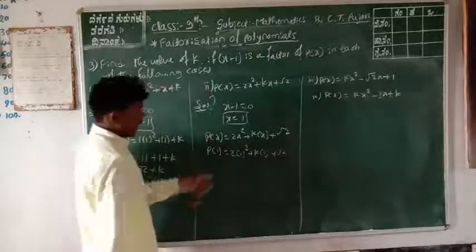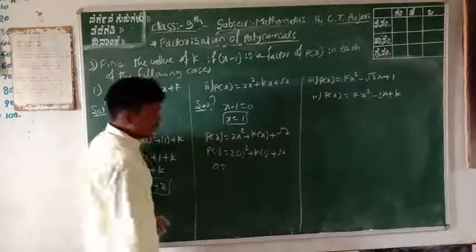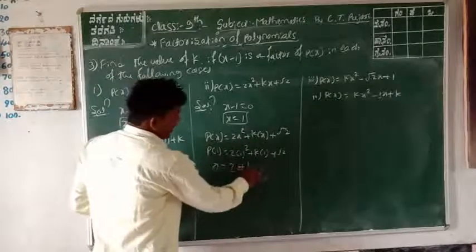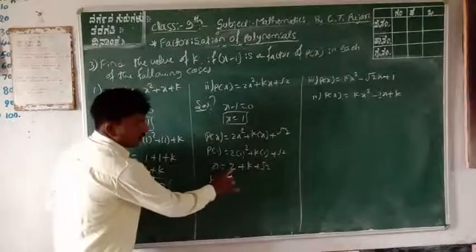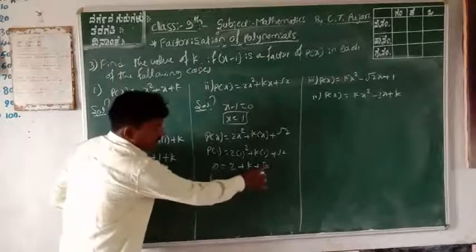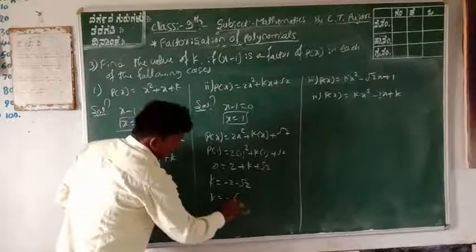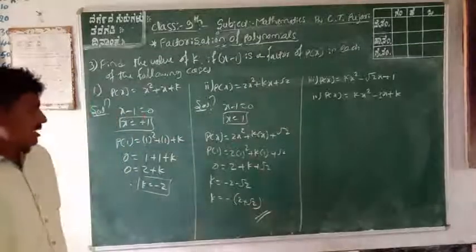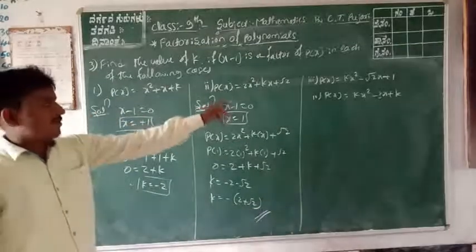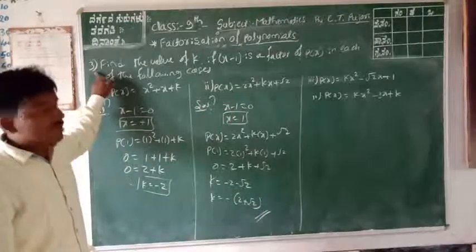Consider it equal to 0. 2 into 1 squared is 2, plus k plus root 2. Therefore the k value is, taking 2 and minus 2, root 2 and minus root 2, k equals minus of 2 plus root 2. This is your answer. The third one and fourth one you can do as homework. The third method is over.